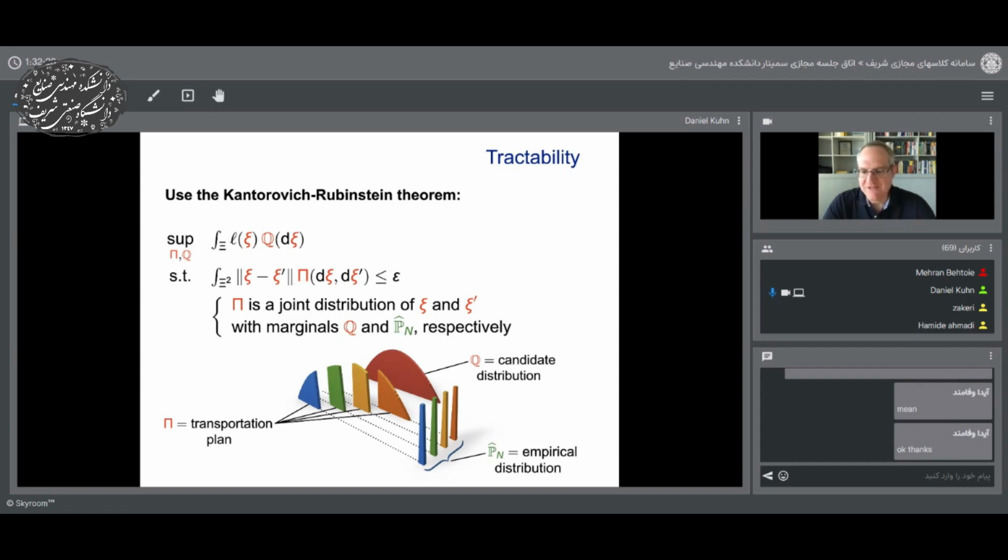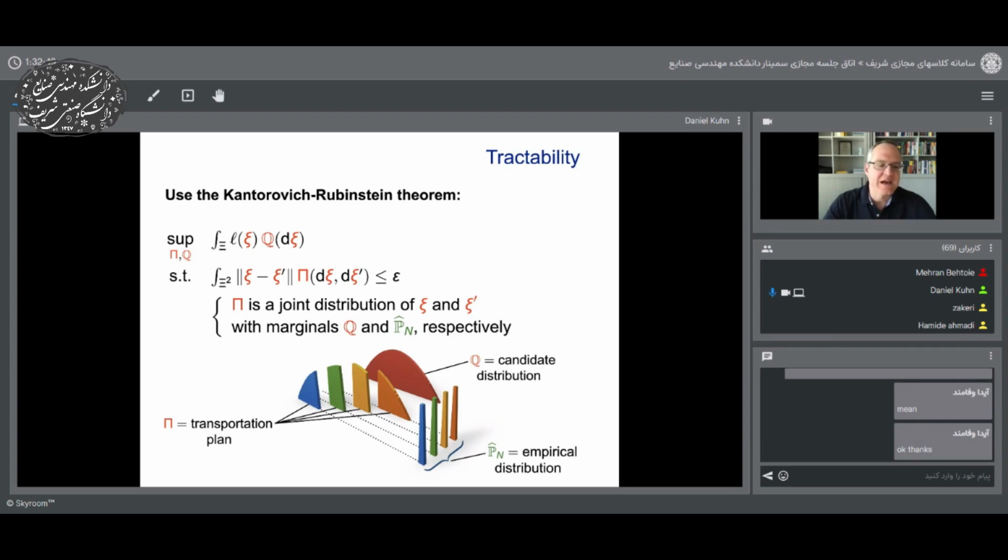And at the bottom, you see a visualization of this. You see in red the distribution Q, which is some distribution in the Wasserstein ball. The different spikes at the bottom right in blue, green, yellow, and orange, these represent the empirical distribution, so the uniform distribution. In this visualization, we have 4 different training samples. They all have the same probability.